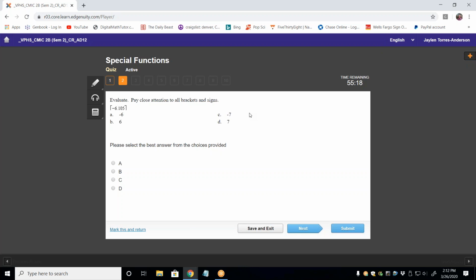Yes, that's what they're saying, is that you're dealing with the least integer of negative 6.105. So to find out what that's equal to, you just start at negative 6.105 on the number line and go to the right until you find the next integer. You got it. That's the way you do it.